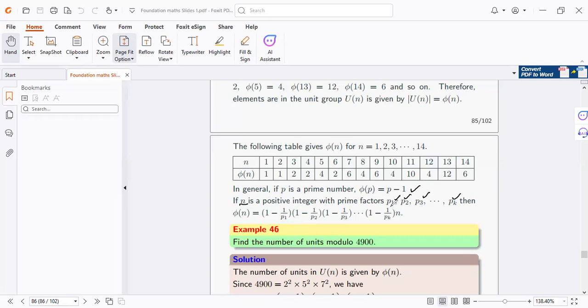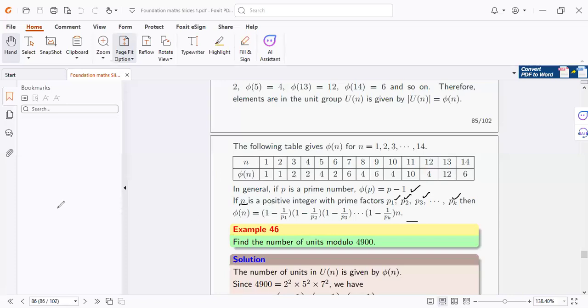If you find that we have P1, P2, P3, up to Pk prime factors, then this is how you get the number of elements that are relatively prime to n. It would be 1 minus 1 over P1, times 1 minus 1 over P2, times 1 minus 1 over P3, all the way up to 1 minus 1 over Pk, then times n. These P1, P2, P3 are just the prime factors of n.